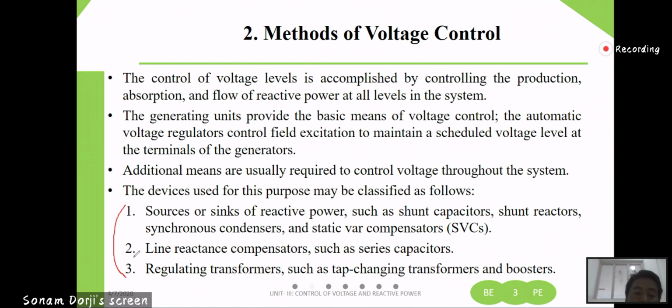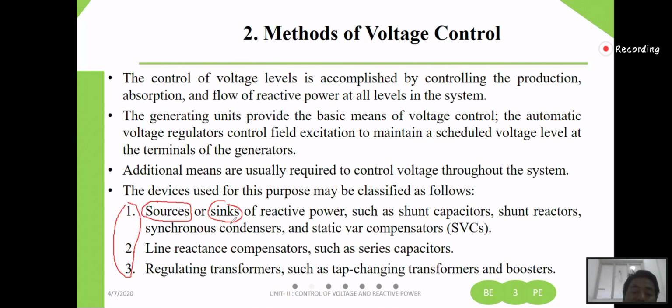Devices used to control the voltage in a system can be classified into these 3.